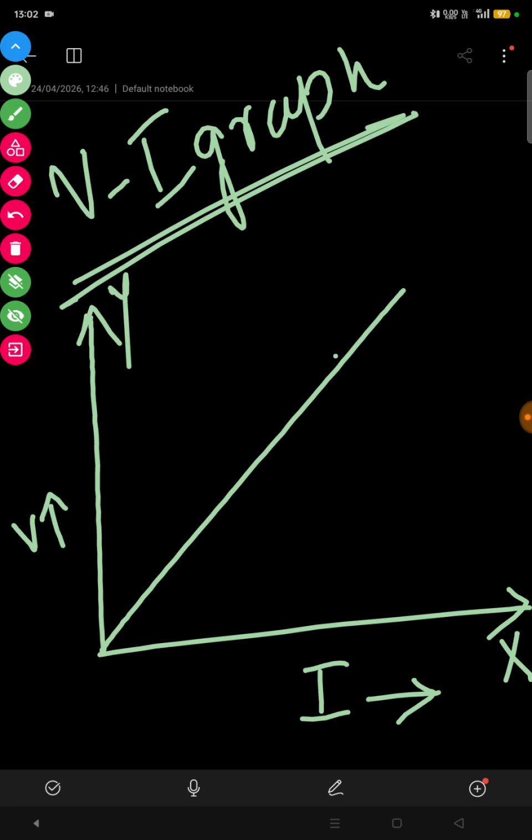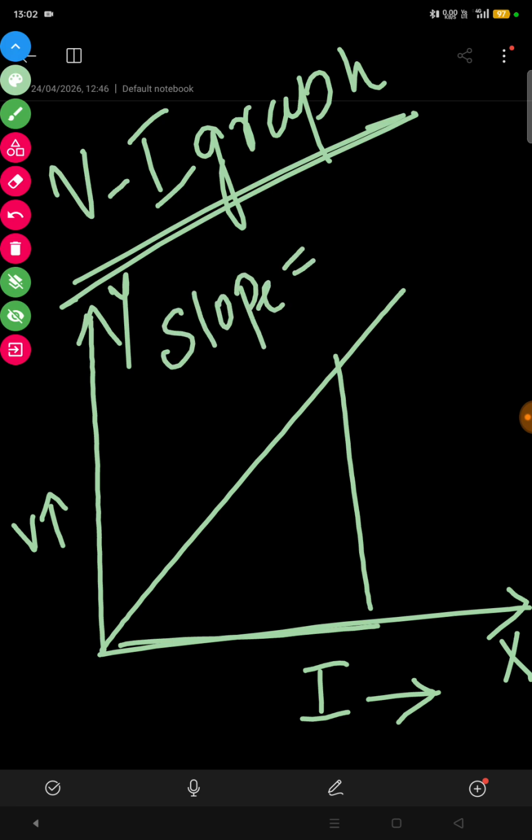And what does the slope of the VI graph give us? The slope is equal to delta V by delta I, which is equal to resistance R. The slope of the V versus I graph gives resistance.